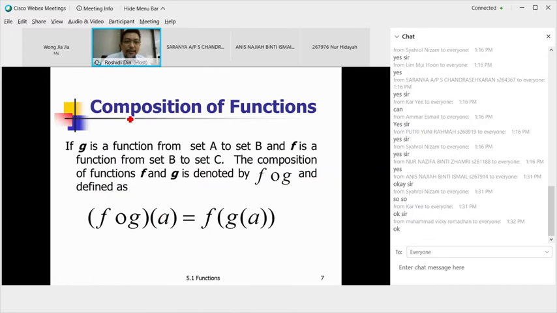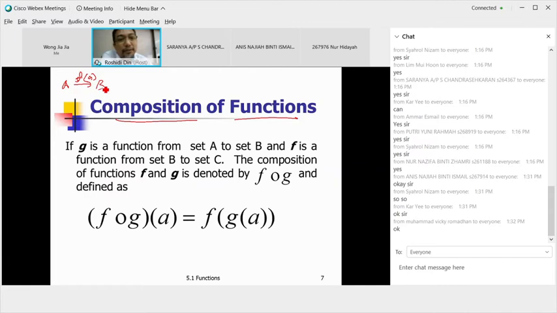Okay. Now we move to composition of function. Once we talk about A to B, we identify this one as a function of A. How about once we have more than one mapping?